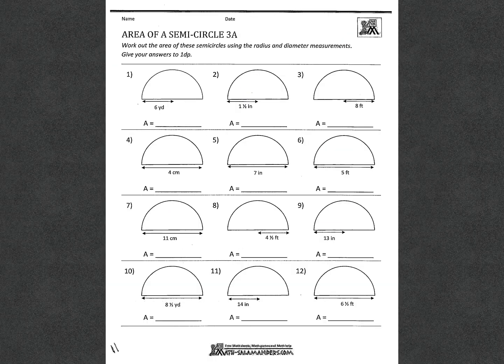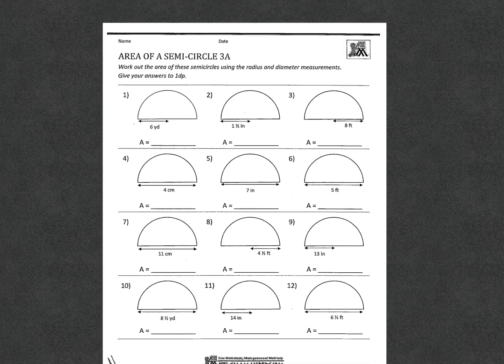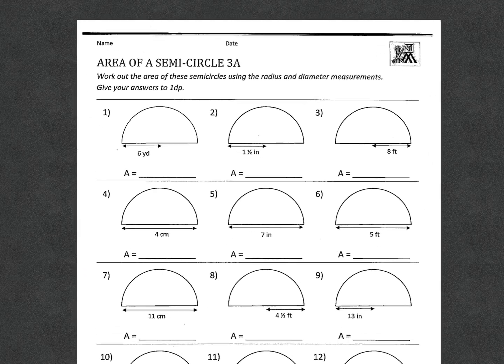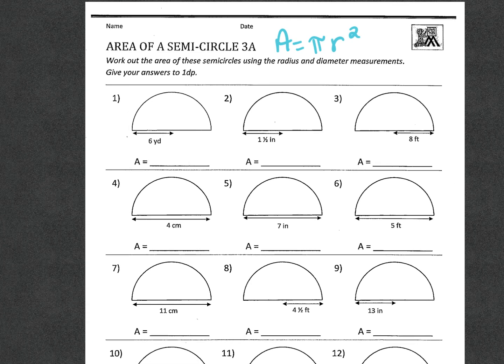All right, so on this page, these are all semicircles. When we talk about semicircles, remember that you want to find the area. So area is equal to pi r squared. You have to find the radius. You have plenty of room to do the work. You can do the work in the pictures. But you want half. So I'll go through an example with you. So r is 6. So area is equal to 3.14. We'll use that.